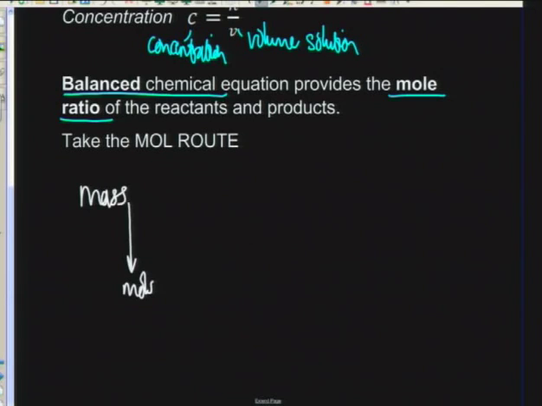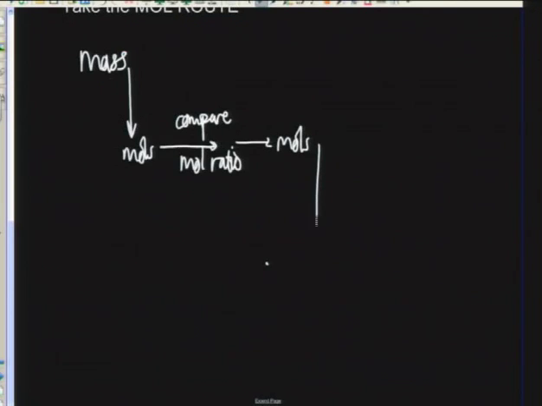Then via the mole ratio, comparing the two substances, you're able to work out the number of moles of your second substance. Once we've got that number of moles of the second substance, we can convert it, maybe to a concentration, or work out a volume if it's a gas, or we could work out the mass.